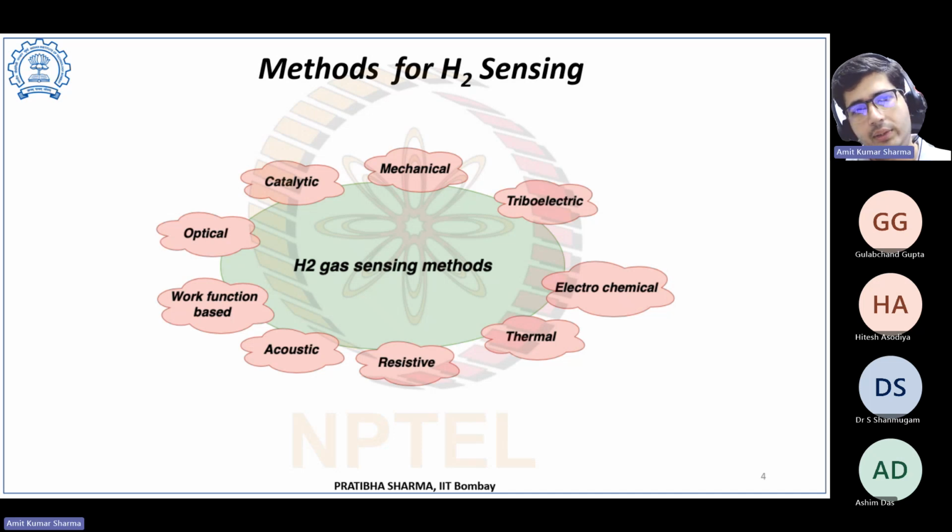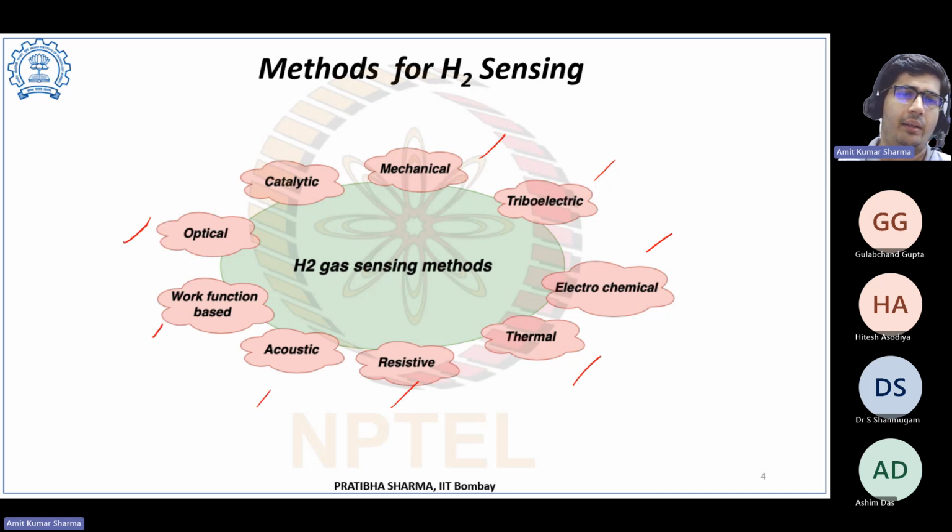Now, if you want to have a sensor, there are different techniques and systems to detect hydrogen. We can detect hydrogen via mechanical, triboelectric, electrochemical, thermal, resistive, acoustic, work function based, optical, and catalytic routes.